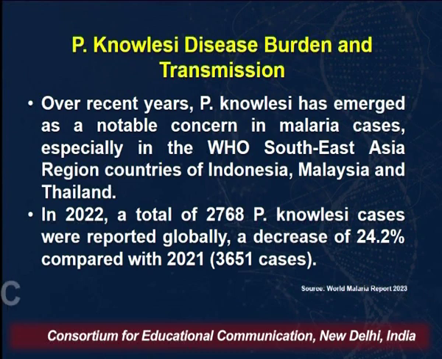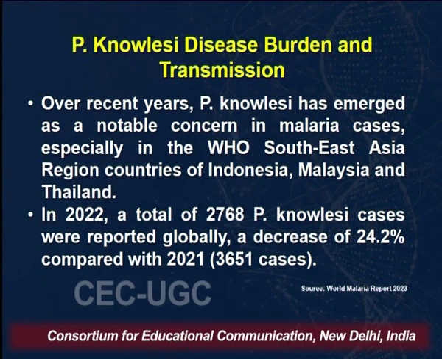Now, Plasmodium knowlesi has emerged as a notable concern in malaria cases, especially in the Southeast Asian regions, which include Indonesia, Malaysia and Thailand. It has been estimated that about 2,768 Plasmodium knowlesi cases were reported globally, which is a decrease of 24.2% compared to 2021, which had about 3,651 cases.